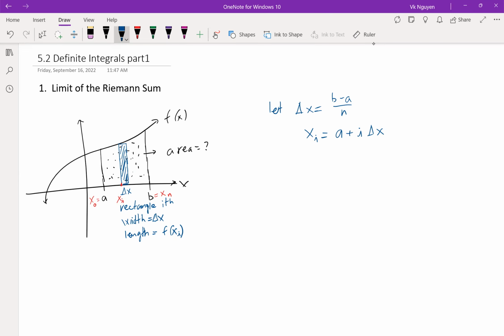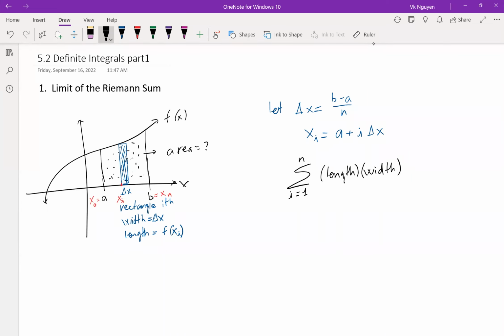Well, we have the length and the width. We just have to figure out the area, and then we add up all of these areas. So the area of n rectangles is going to be the summation of length times width, where I goes from 1 to n.